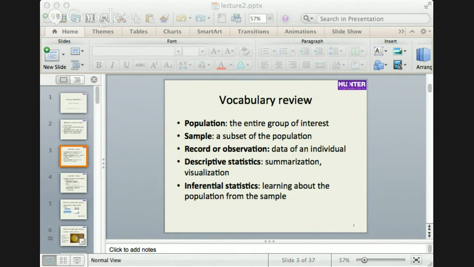So we covered several different types of variables last time, random variables, and variables that we observe. The nominal type, which were nominally really a number.